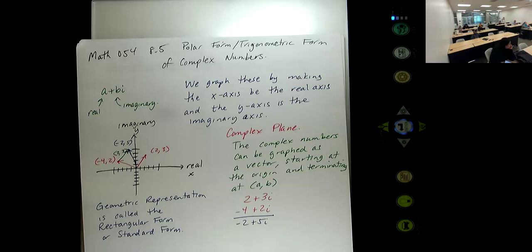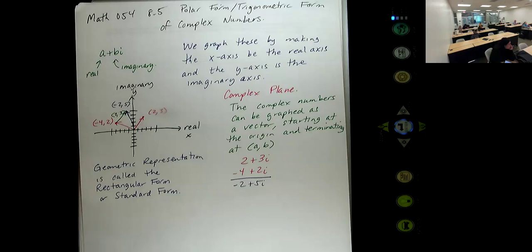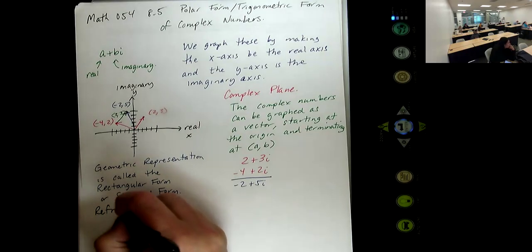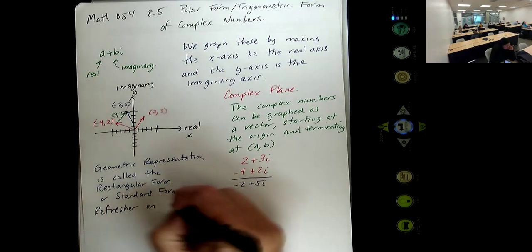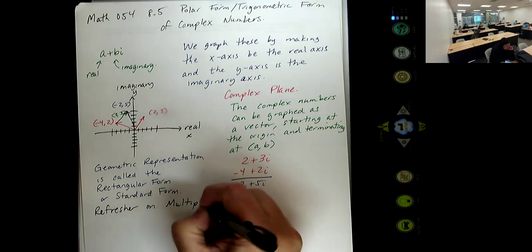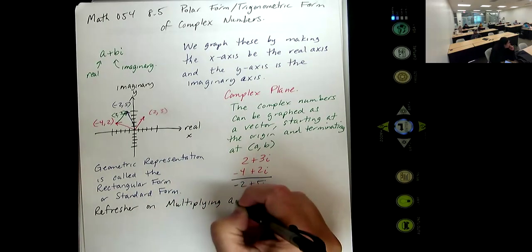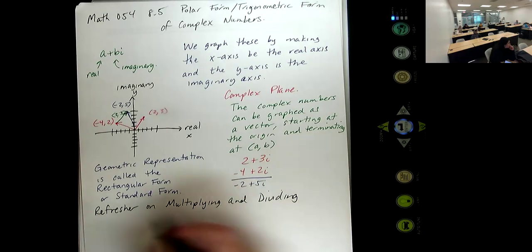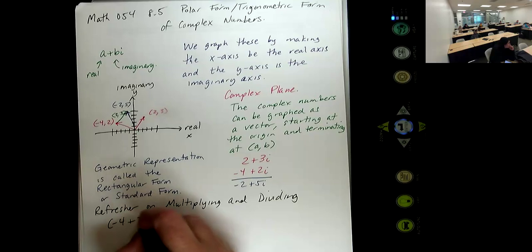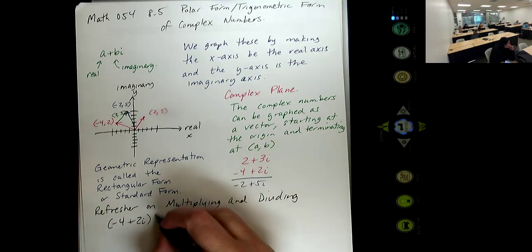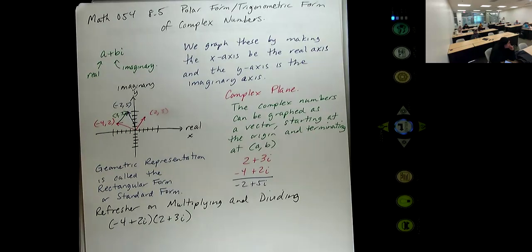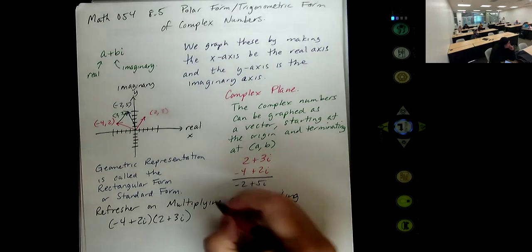And then let's refresh our memory on how addition and subtraction is pretty easy with complex numbers. Let's refresh our memory on multiplying and dividing. If I take -4 plus 2i and I multiply it by 2 plus 3i, we basically have to FOIL.